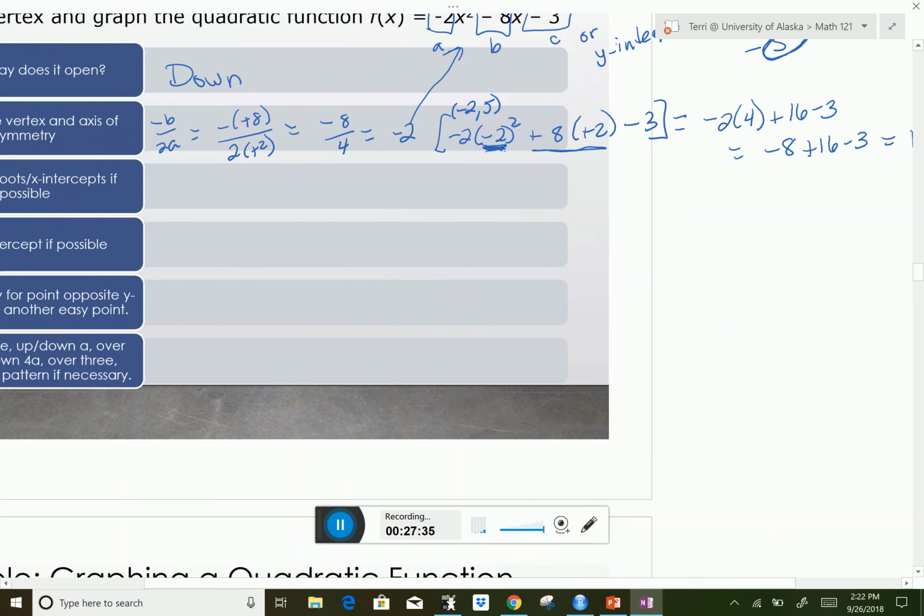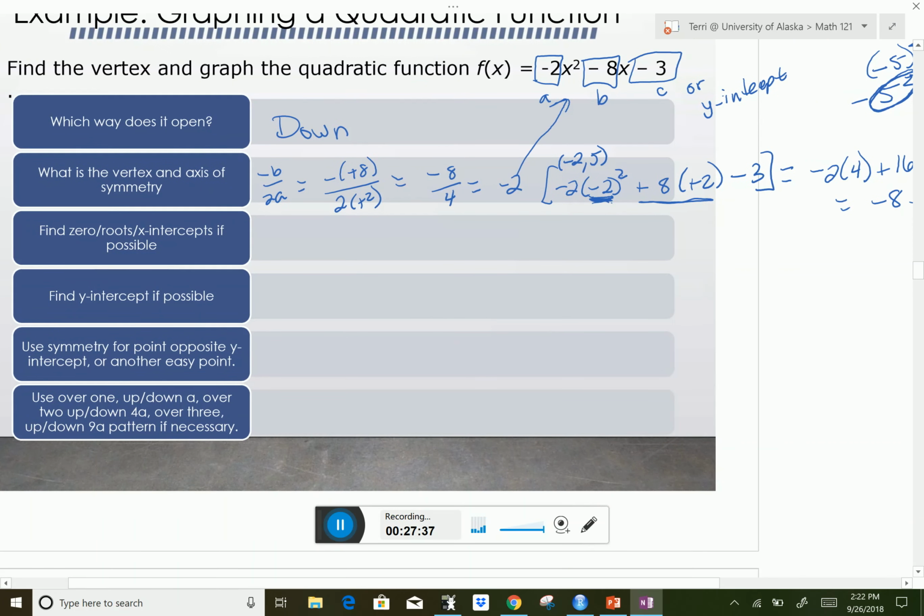All right. So now, let's see if we can find any roots to this. Negative 2x squared minus 8x minus 3 equals 0. When I do this, let's multiply both sides by negative 1. And I get 2x squared plus 8x plus 3 equals 0. So let's see if I can easily find the roots. 2x and x, 3 and 1 is the only way I can do it.